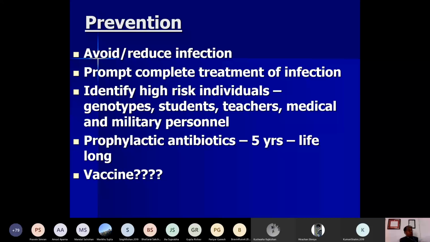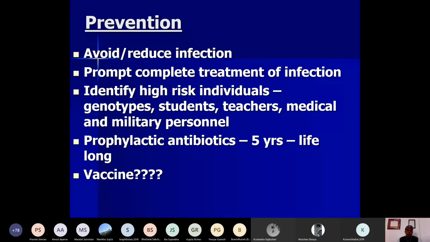Therefore, we expect that not only COVID, but other respiratory infections also will reduce to a great extent. So mumps, measles, and streptococcal infection should reduce, and in another 10 years our country should become much freer of rheumatic disease.